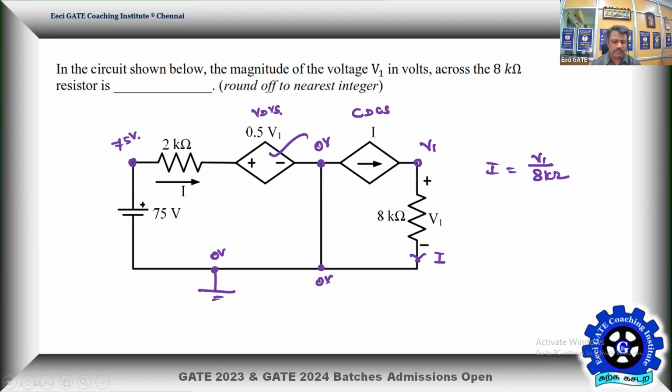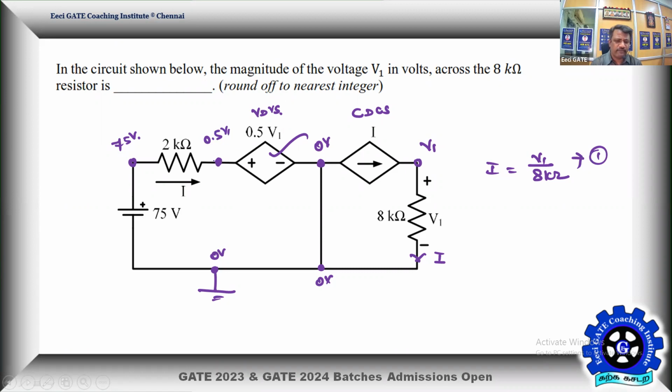One equation possible. Another equation, how to make another equation? So what is the current I? You can also apply KCL, but is it really required? We'll check. So one equation is ready. There are two unknowns. One is V1, another one is I, but we need to find V1. So let this be equation number 1. Let me go for one more equation. If this is 0 volt, this voltage is going to become 0.5 times V1 because potential rises by 0.5 V1.